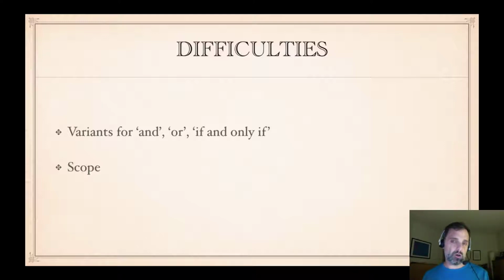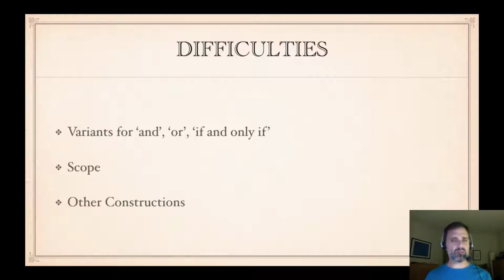So in Chapter 2, there will be some particular issues about how to figure out which of an and or an or has scope, which goes higher in the tree, which of them is the main connective. Remember, the scope of a connective is where it is in the tree. It's the part of the tree that it is above.